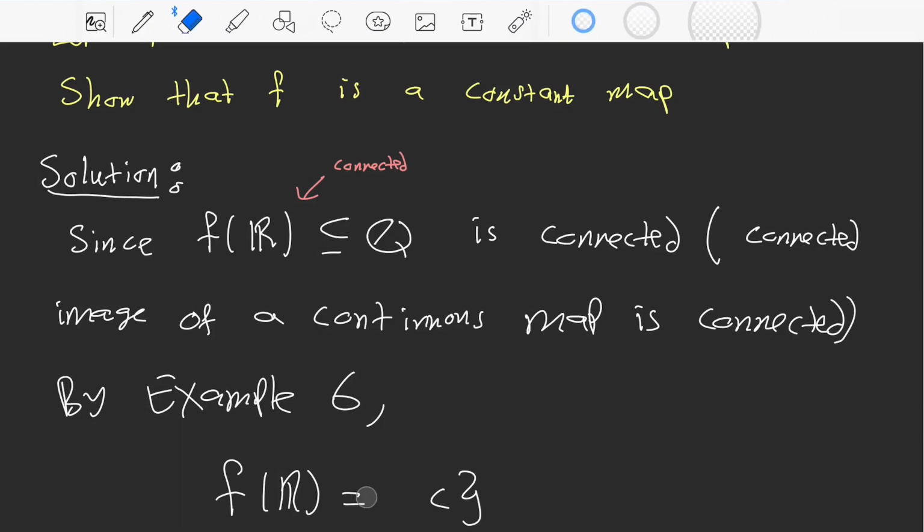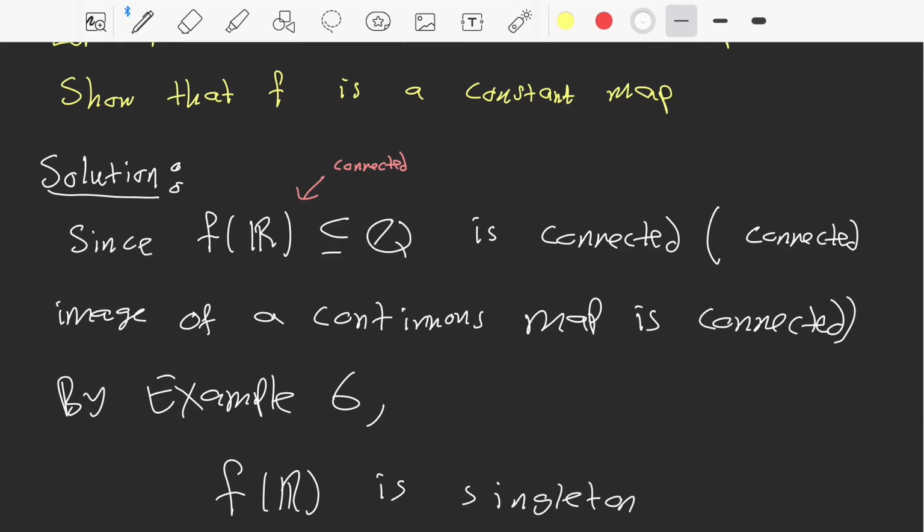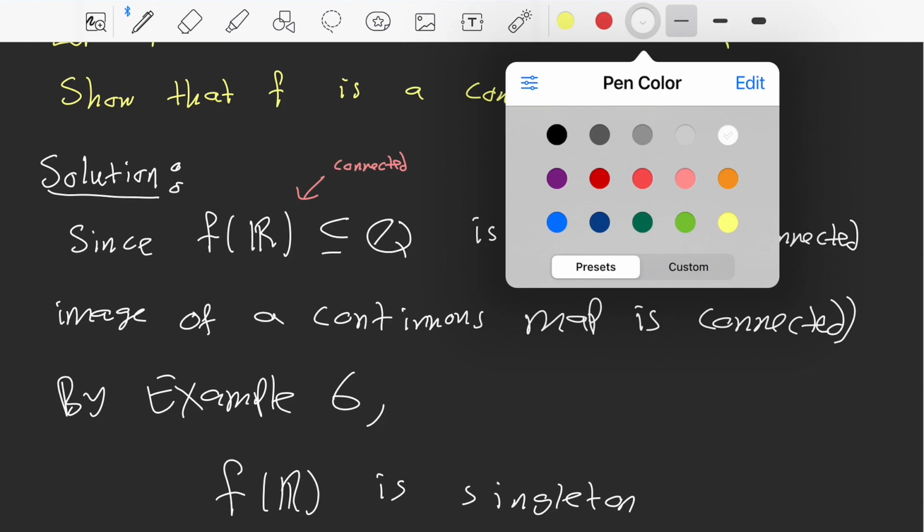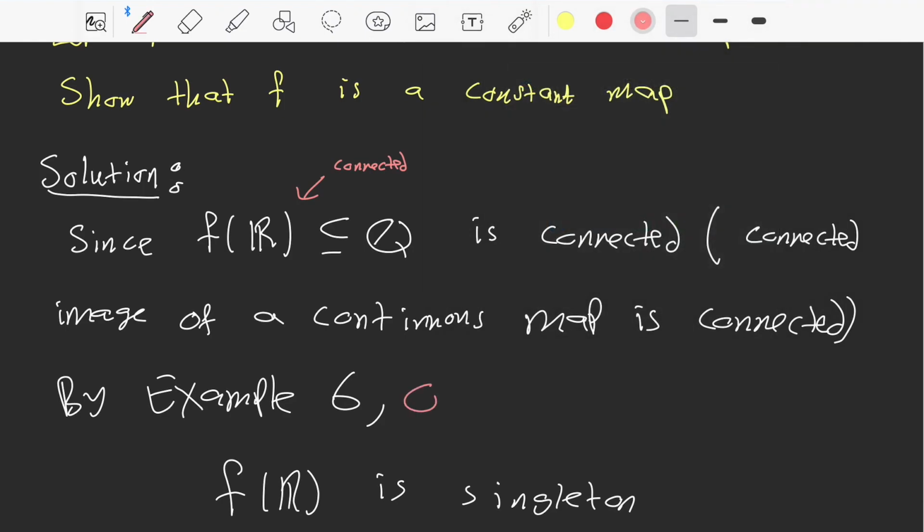Let me just write it first as this one is singleton. So if we just want to add a little bit more here, by example 6, Q is totally disconnected.